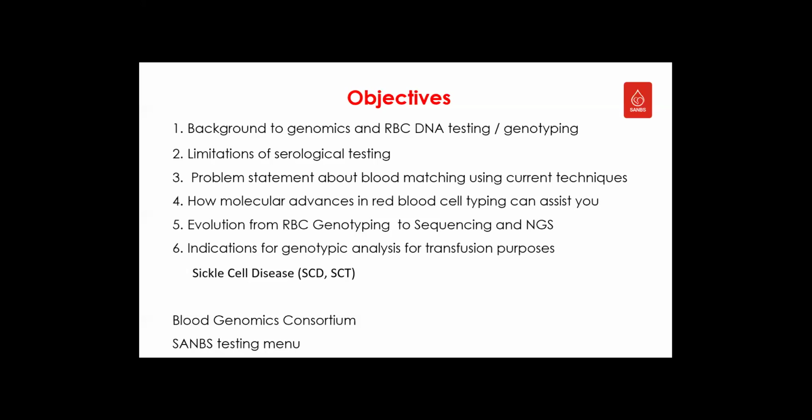And then as we enter the genomics era, how can these molecular advances in red cell testing assist us? And even within the genotyping, we have evolved from genotyping to sequencing and NGS. I think we talk about these terms very loosely, but they are different, and they do indicate the evolution of this type of testing.